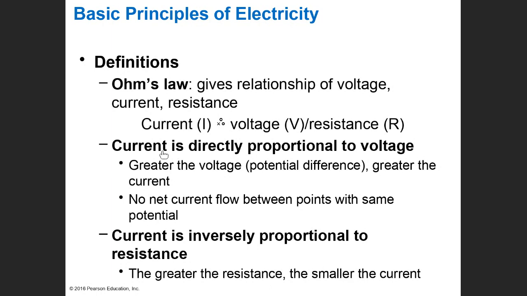And you really want to know the relationship between these variables in this equation. Current, which is the flow of ions, is directly proportional to voltage. This should make sense because voltage measures potential difference. Voltage measures how different the charges are on either side of a membrane.